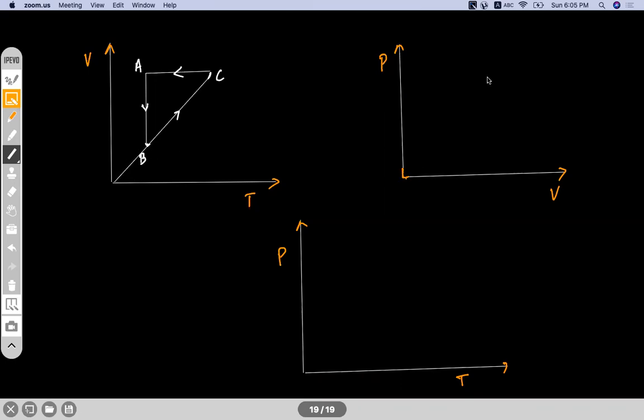This is the assumption we have. Okay, understood.